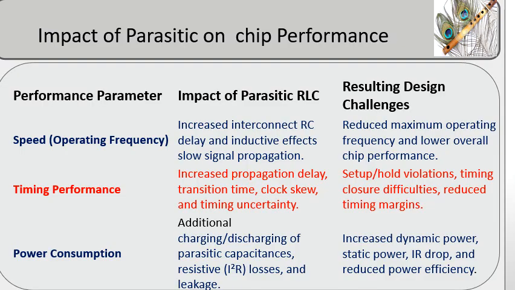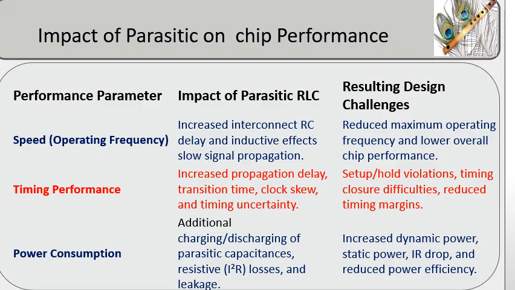The parasitic elements inherently created during semiconductor fabrication and physical layout influence several critical performance parameters of a VLSI chip. Parasitic resistance, capacitance, and inductance increase signal propagation delay, reduce operating speed, and degrade timing margins by increasing signal rise and fall times.